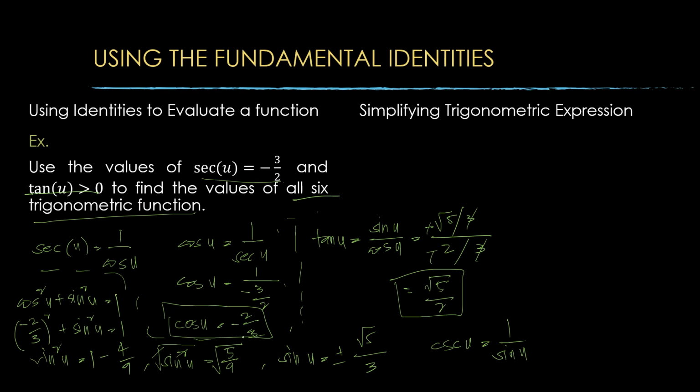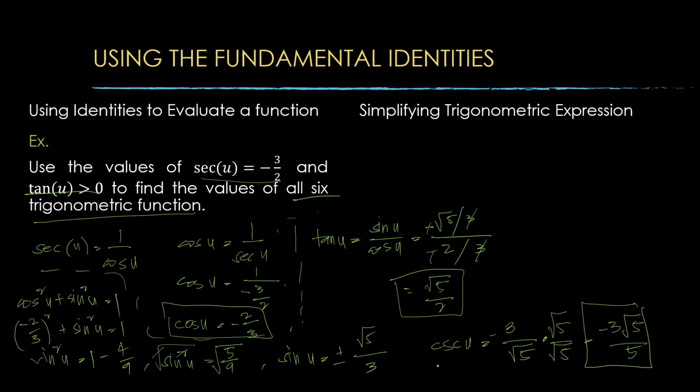Or just take the reciprocal of your sine. Since your sine is equal to negative square root of 5 over 3, your cosecant should be equal to negative 3 over square root of 5. Rationalizing this one, multiply that by square root of 5 over square root of 5. This is basically equal to 1, so that's just the same. So you'll be left with negative 3 square root of 5 over 5. This is now the value of your cosecant.